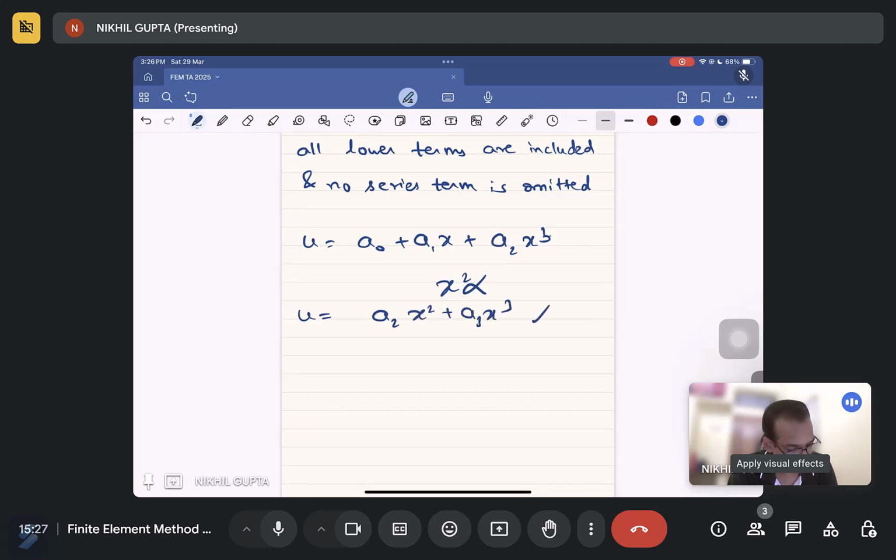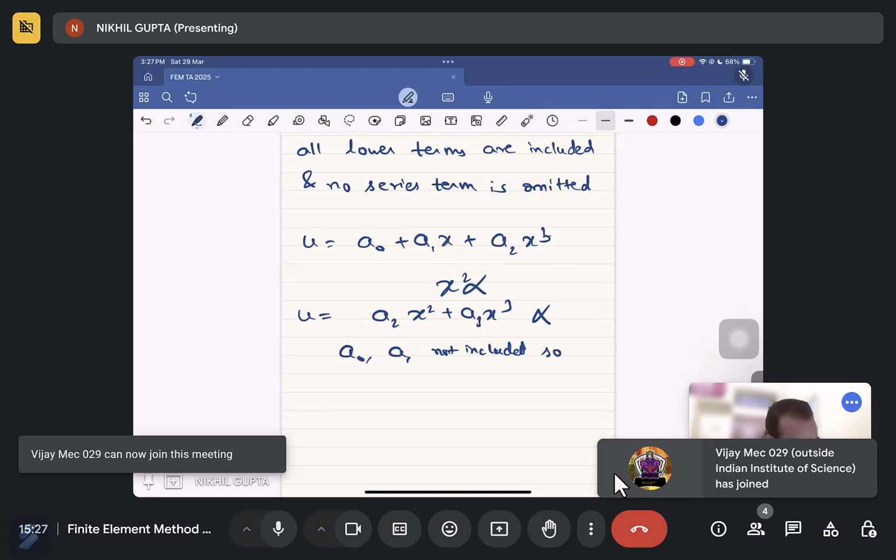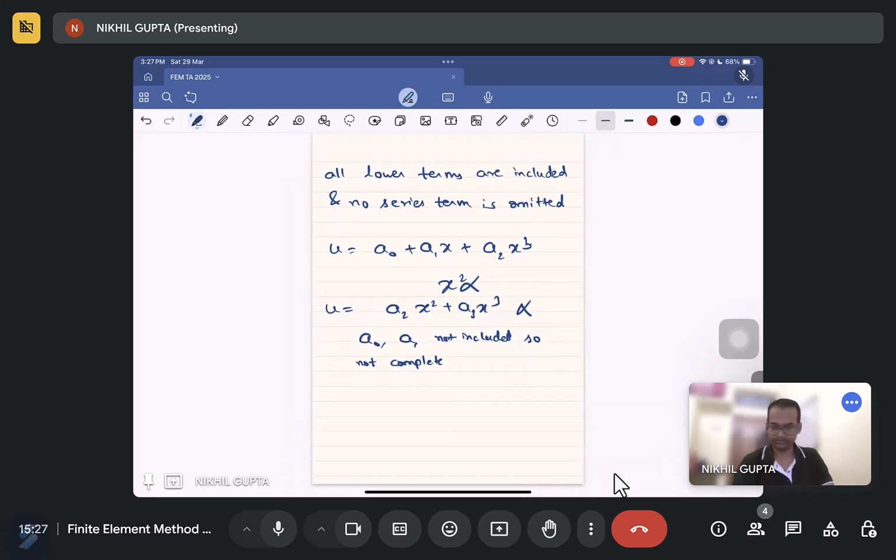This is also not valid because a0 and a1 are not included, so it is not complete.